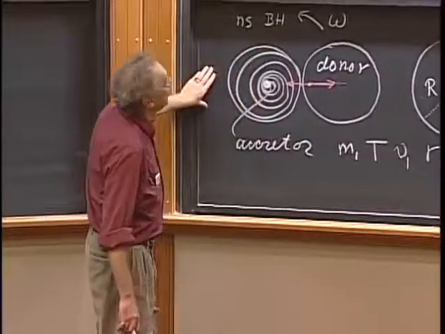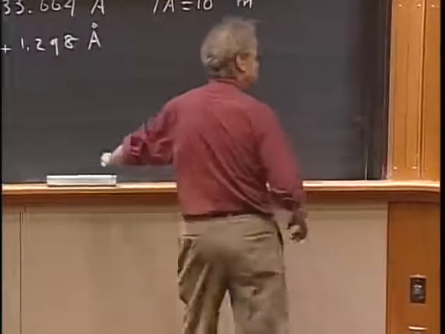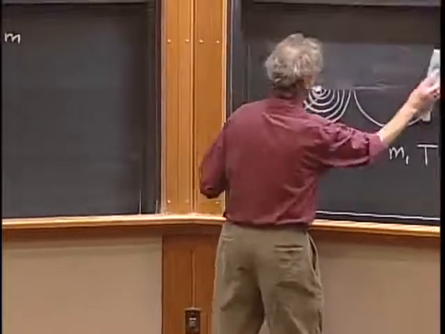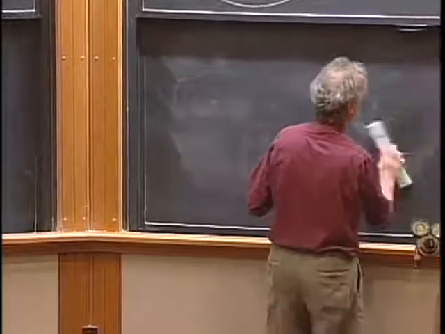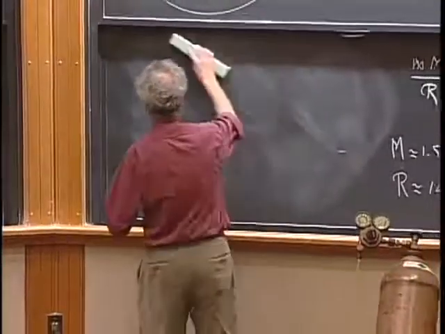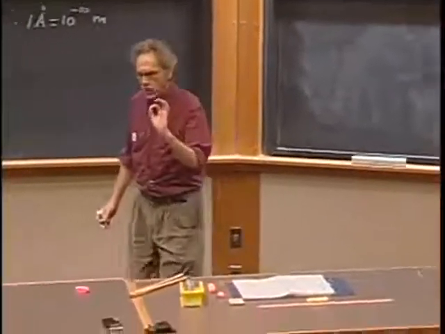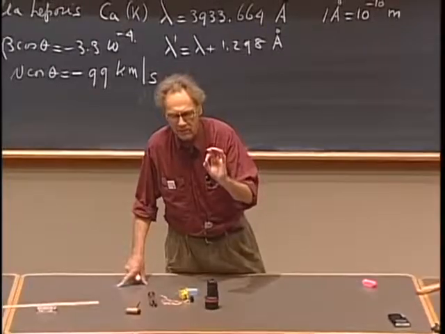I have to erase something, and I think I'm going to erase the left part of the blackboard. It is an object from which light cannot escape. I have to be more specific than that. A black hole is an object from which the escape velocity is larger than the speed of light.